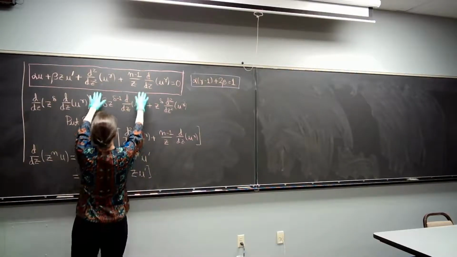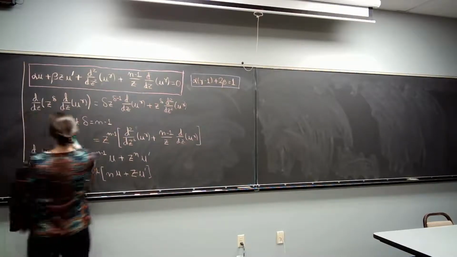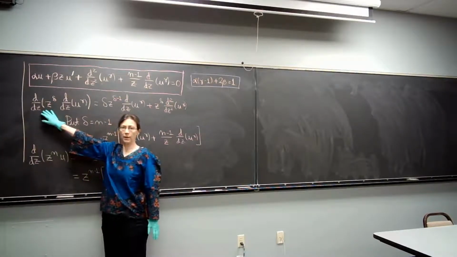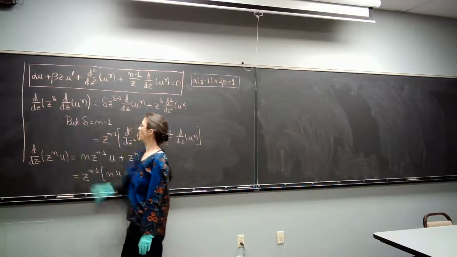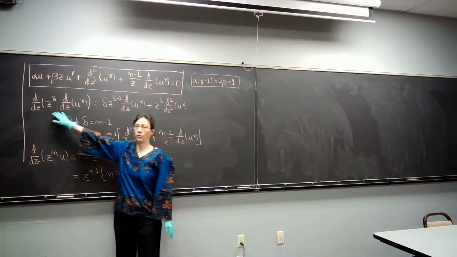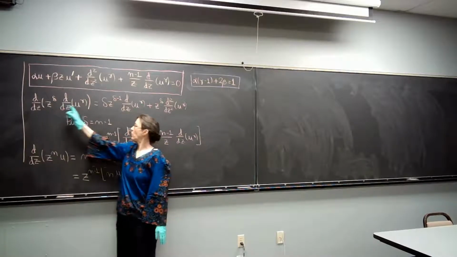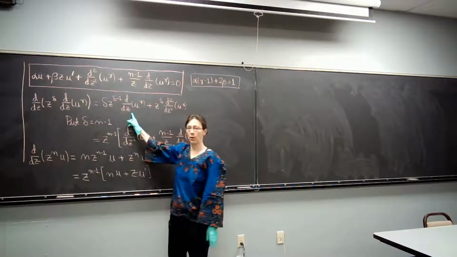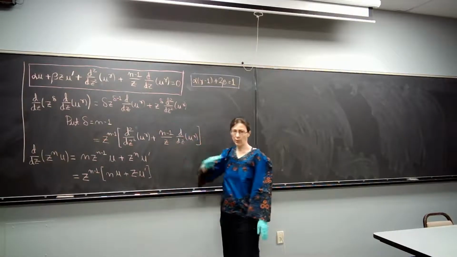I'm talking about these last two terms. So if you take d dz of z to a power times the first derivative of u to the gamma, it's a little product rule problem. You've got the derivative of the first, leave the second one alone, plus leave the first one alone, take the derivative of the second. Just go down the line.